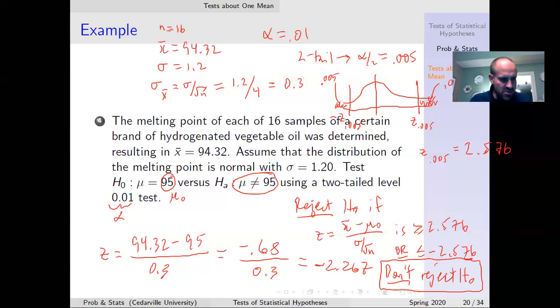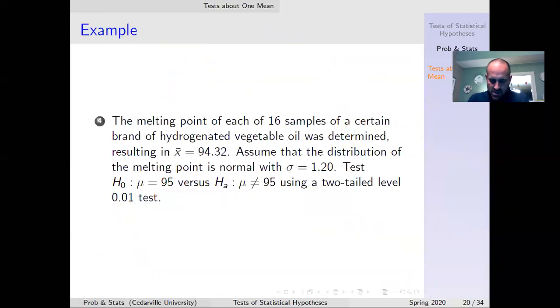So what is the connection? I said I wanted to show you the connection to a confidence interval, and indeed, let's take a look at that right now. Let me clear this out, and we'll think about this carefully.